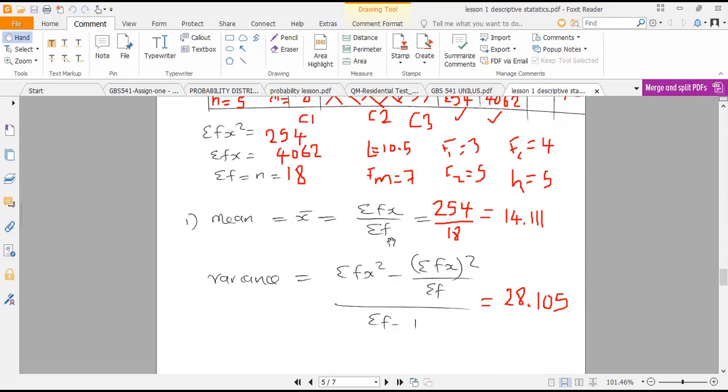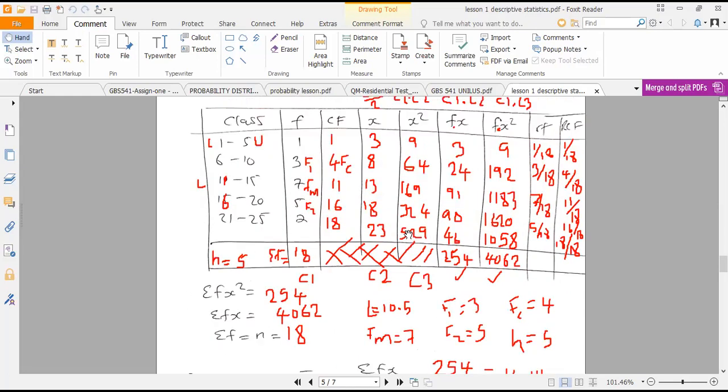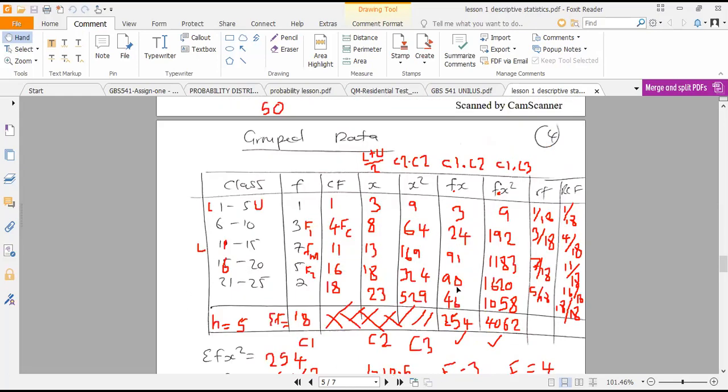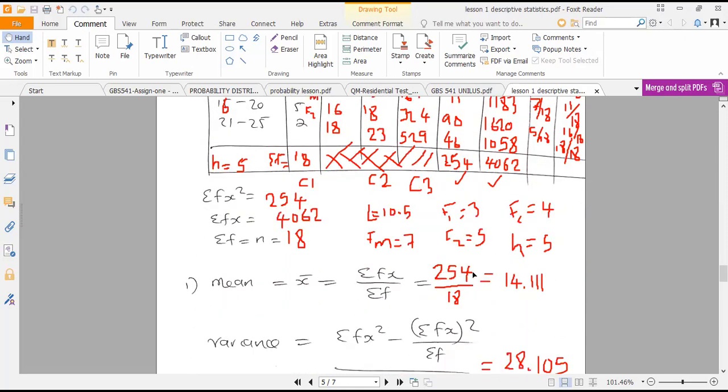Our summation of fx from the total here is 254, over summation of f, so 254 over 18. 254 divided by 18, you get 14.11.